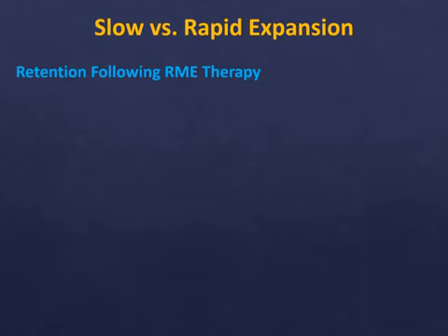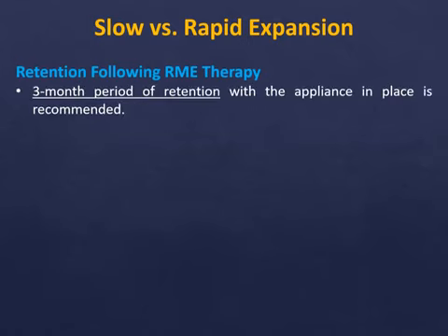Retention following rapid maxillary expander therapy. After achieving the desired expansion, the appliance should be kept in place for a 3-month period in order to achieve retention. This appliance should be kept passive without any expansion during this period.